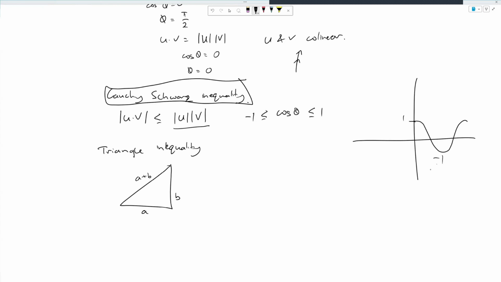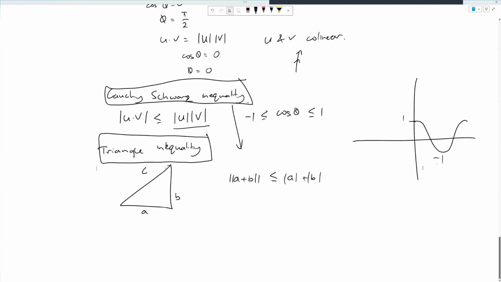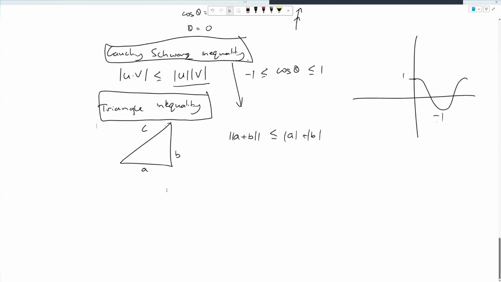Let's call it C. To put it a little bit more simply, the length of A plus B, which is the summation vector, is going to be less than or equal to the length of A plus the length of B. We won't prove that now, but we need this inequality to prove that inequality. And it is very important when you're doing basic calculus and squeeze theorems and stuff like that. It's also very important for other geometric interpretations.